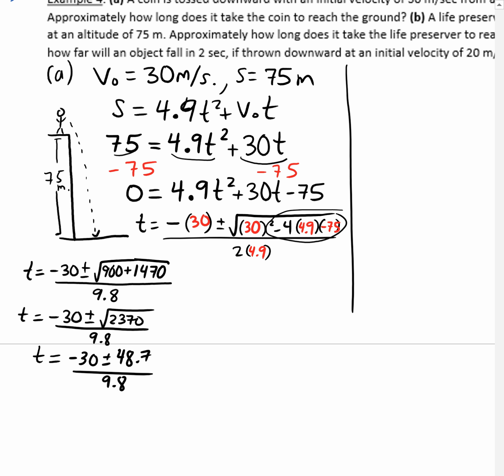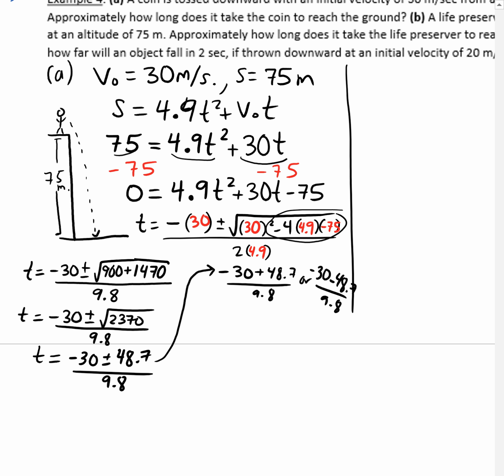Alright, so this represents two different solutions. One of them is the one with the positive in the middle, negative 30 plus 48.7 over 9.8. The other one is when you have the negative in the middle, negative 30 minus 48.7 over 9.8.